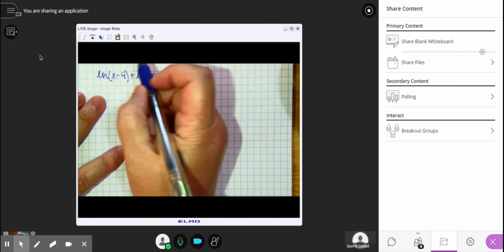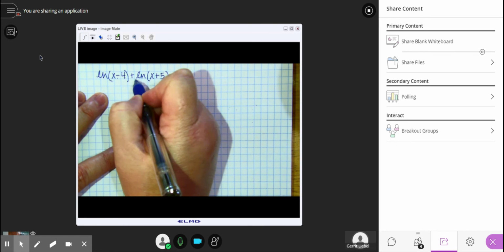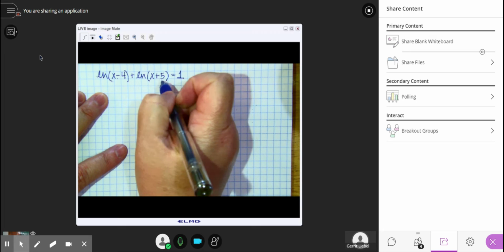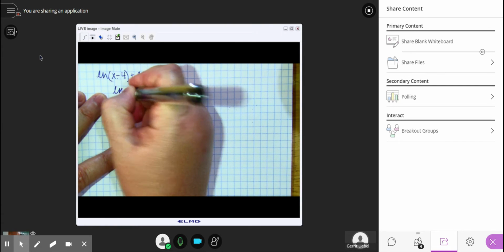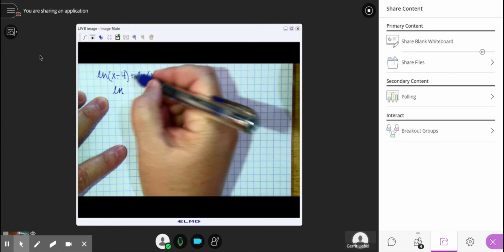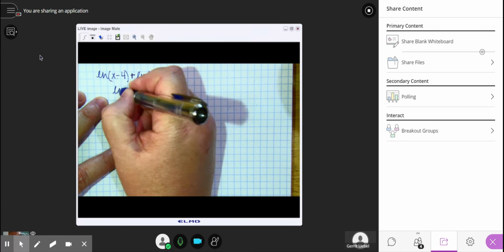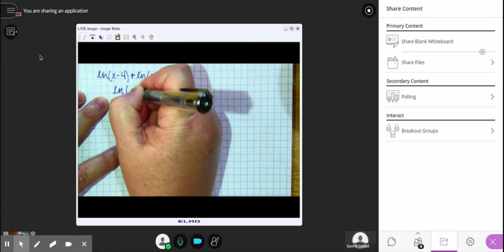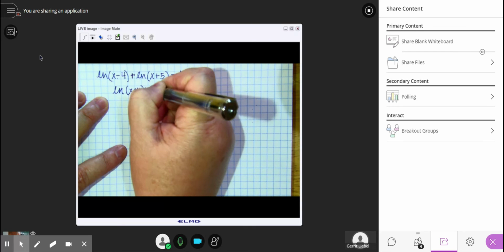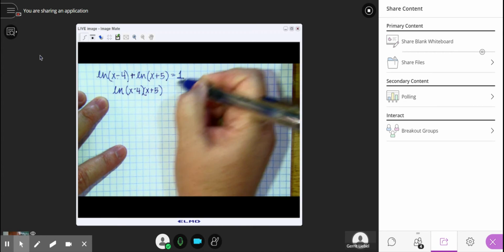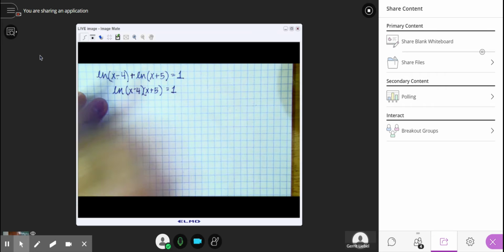All right, so here we've got an ln of x minus 4 plus an ln of x plus 5. So using the law of logs, since this is addition, I can rewrite this as ln of (x minus 4)(x plus 5), and that's going to equal 1.